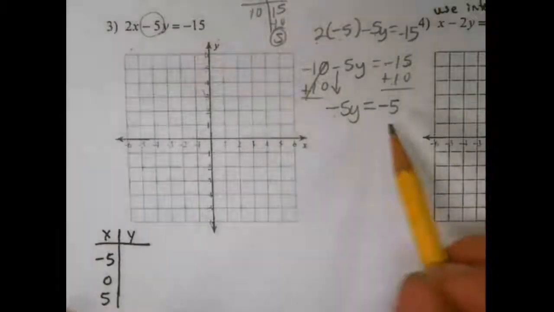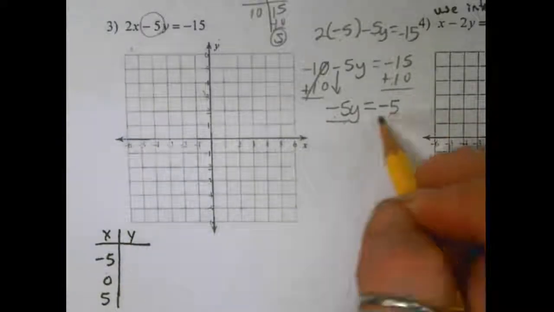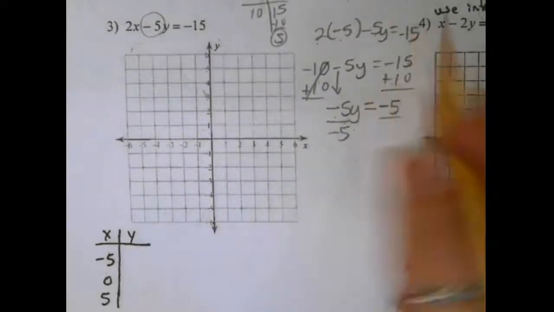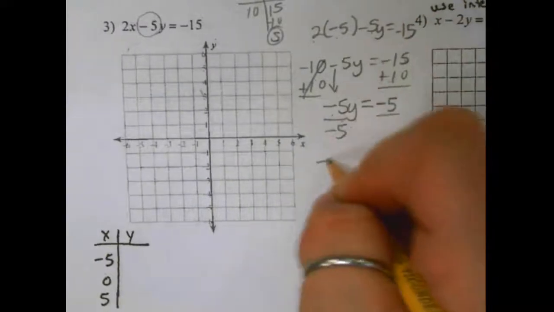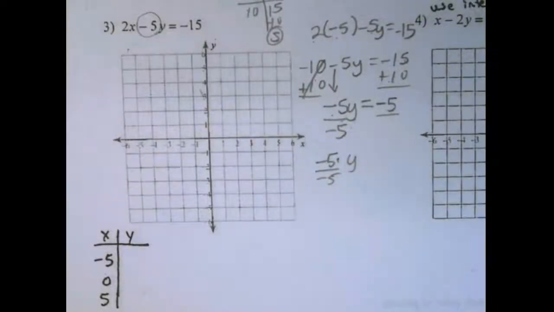So now, I still don't have y by itself, do I? I still need to divide both sides by this negative 5, not just 5. I like the way Frank does it. He does a negative 5 times y, so he knows he's just dividing by that negative 5.